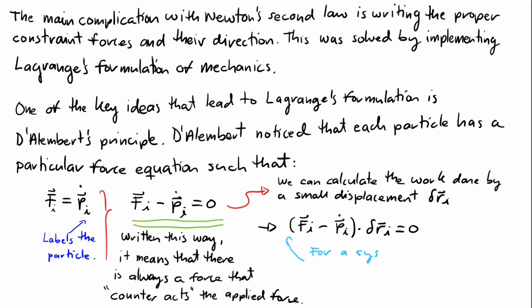The answer is that we want to find the relations between the generalized coordinates, and this procedure will extract that information. And this will be done in the next video.